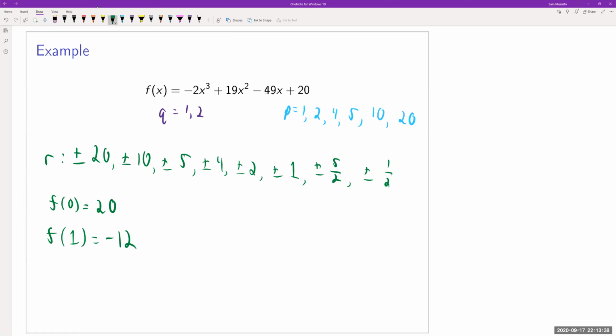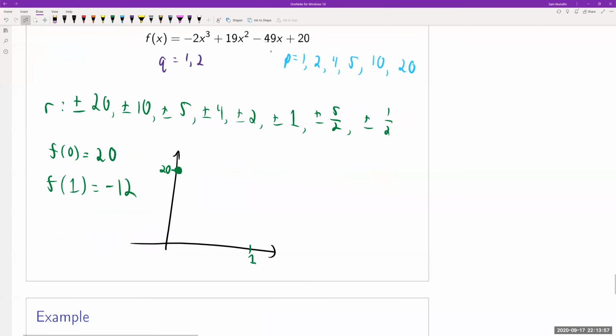Now, we'll pause for a moment. This is very, very helpful information because what this told me about my graph is that at 0, the graph has a y value of 20, and at 1, our graph has a y value of negative 12.